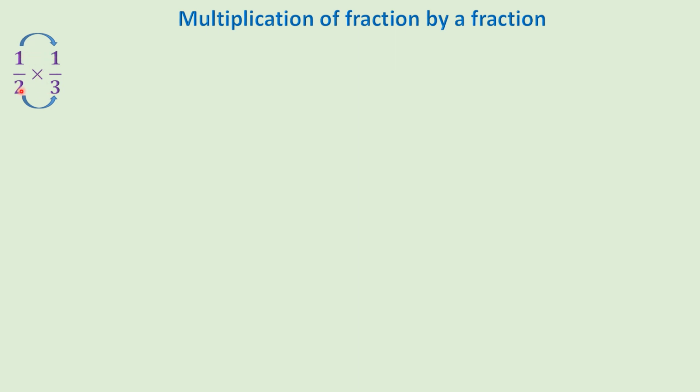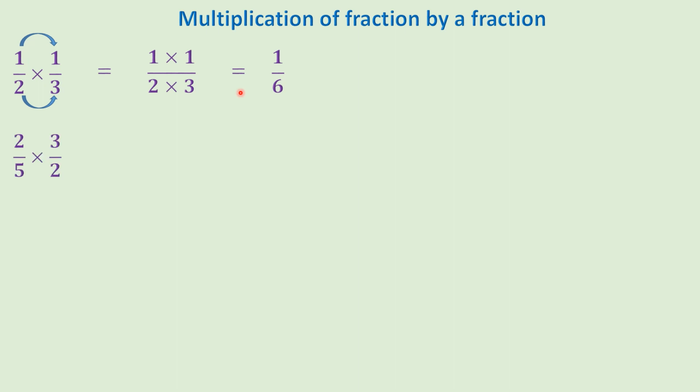Multiply the numerators, multiply the denominators. Here numerators are 1 and 1. So 1 into 1 in the numerator, 2 into 3 in the denominator. That is equal to 1 into 1 is 1, 2 into 3 is 6.